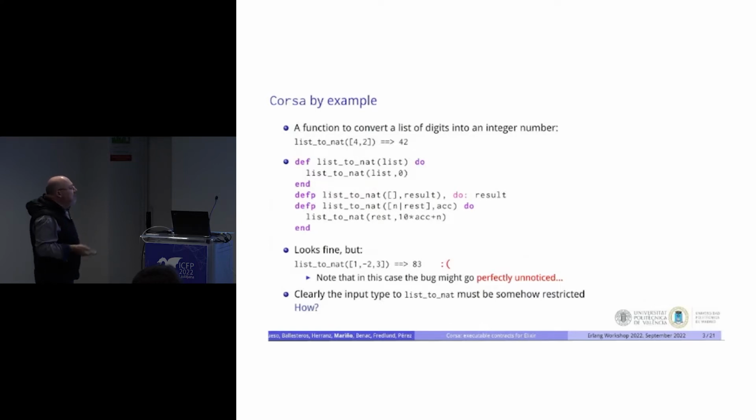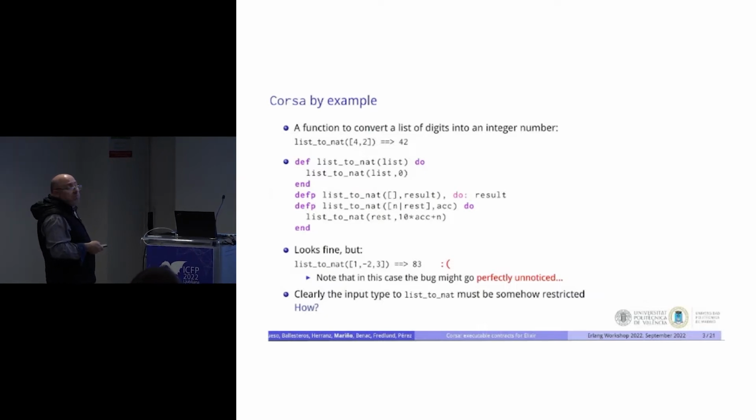But maybe there are some other not-so-obvious constraints. For instance, there's an argument whether we would accept a list starting with 0 or not. So maybe one programmer considers that a list starting with 0, like 042, is a valid input to the function.